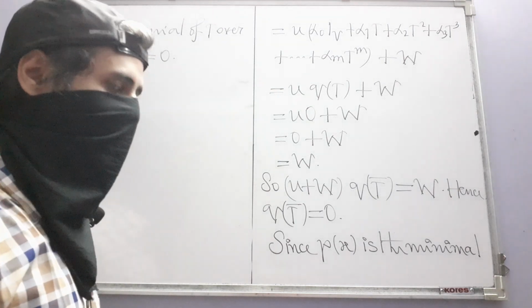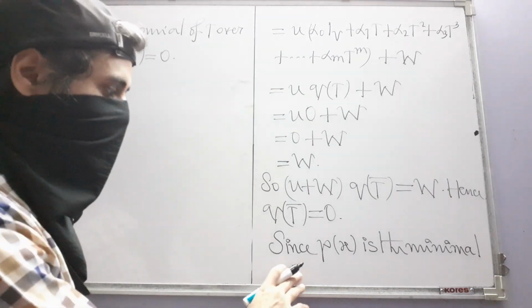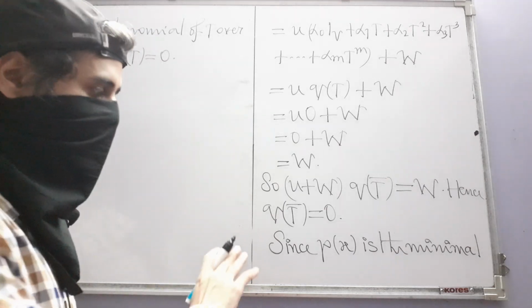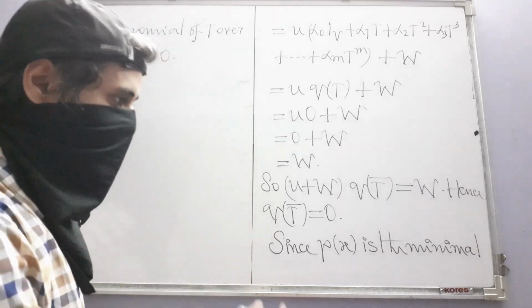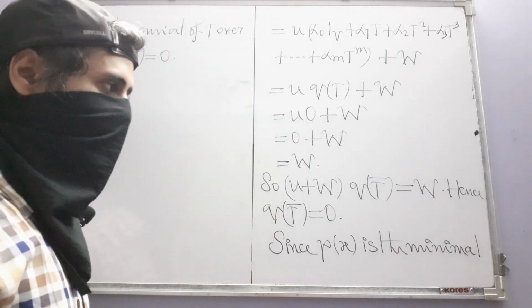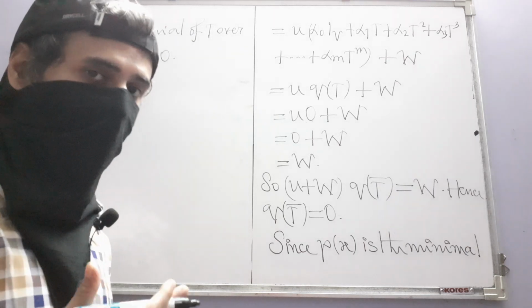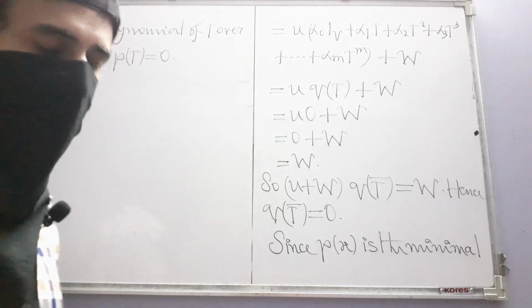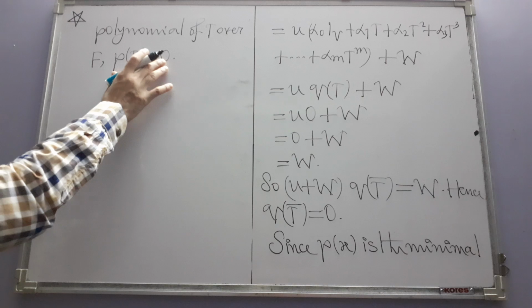Okay, being the minimal polynomial does not mean just that. It means that T satisfies it and it's the non-zero polynomial having least possible degree. But anyway, we only need this fact.